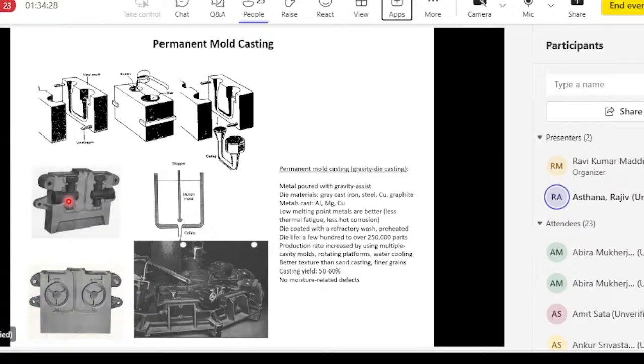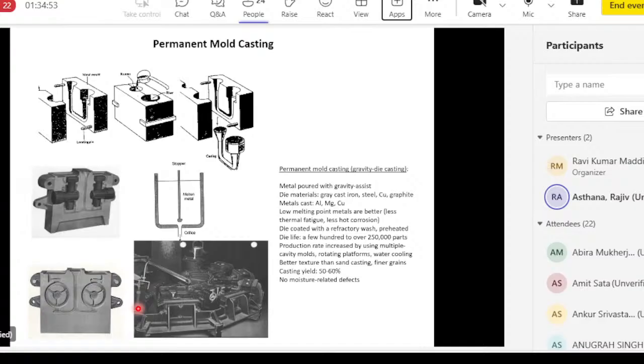One can also put sand core in a permanent mold, like in this case, these are the sand cores placed inside the die cavity. You can have multiple cavities, molds to increase the rate of production. And typically you mount many permanent molds on a rotating platform like this, and each mold goes below a pouring station, gets the metal, and that's how the process works.